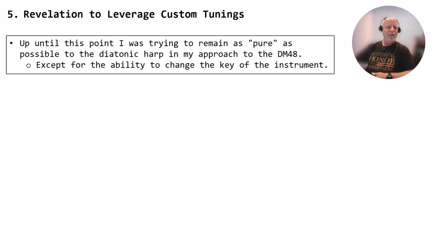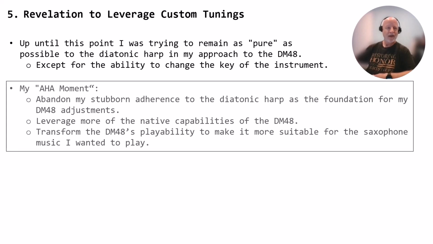Up until this point, I was trying to remain as pure as possible to the diatonic harmonica in my approach to the DM48, except, of course, for the ability to change the key of the instrument. That meant I don't have to carry around a bunch of harmonicas. I just need one, and I change the key for whatever key I need to play in.